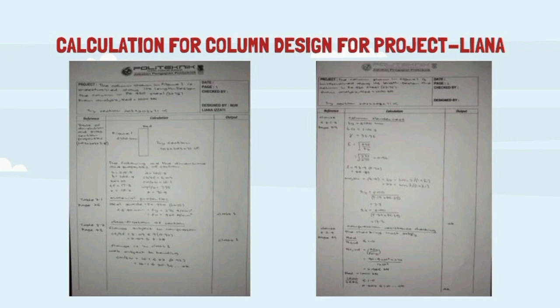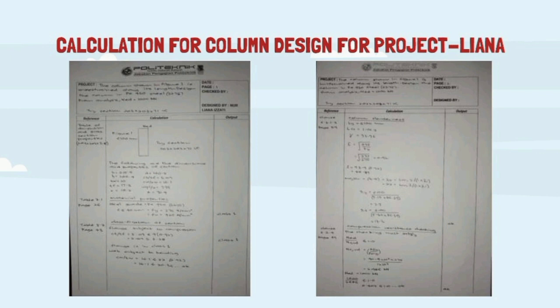Based on clause 6.2.4 on page 49, compression resistance checking. The checking must satisfy NED divided by NCRD less than 1.0. NCRD equals 2,486 kN.